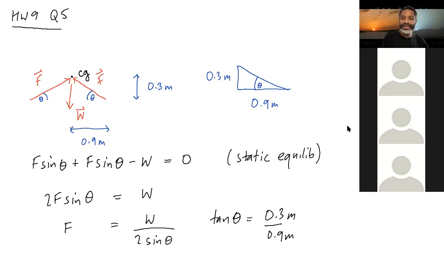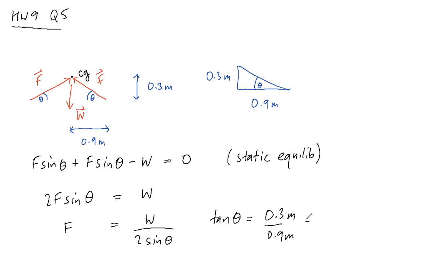Okay, so that means that theta is equal to the inverse tangent of 0.3 over 0.9. Right, the meters cancel. And so that means that you get 18.43 degrees. And so now we can take that and plug that in here.